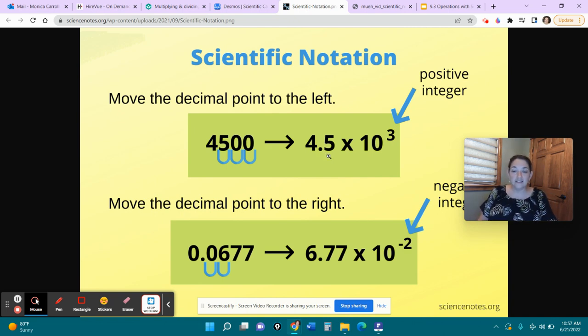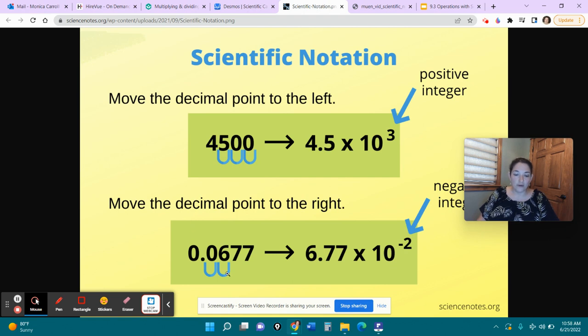Okay, Ariana, why did we make the exponent a positive 3? We know the 3 means there were 3 moves, but why positive? Why not negative? Right. A positive 3 means that it was a larger number. Yes.